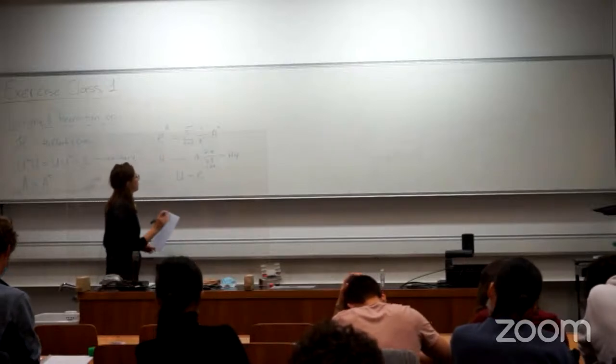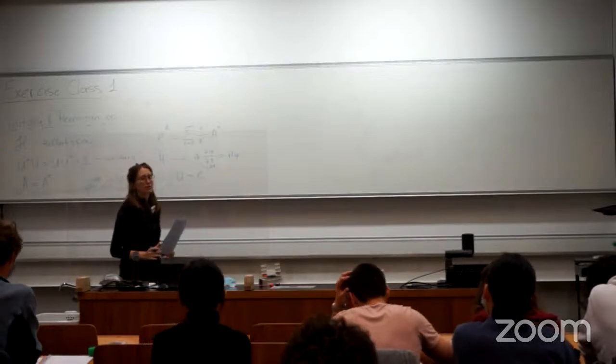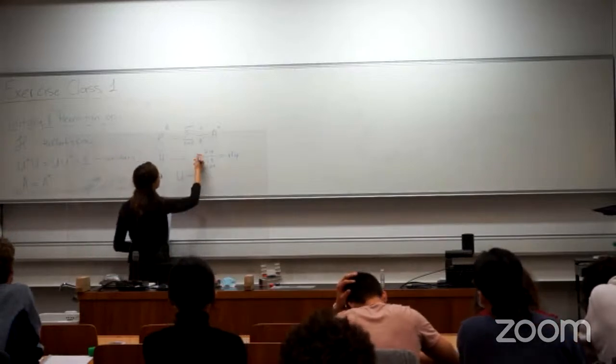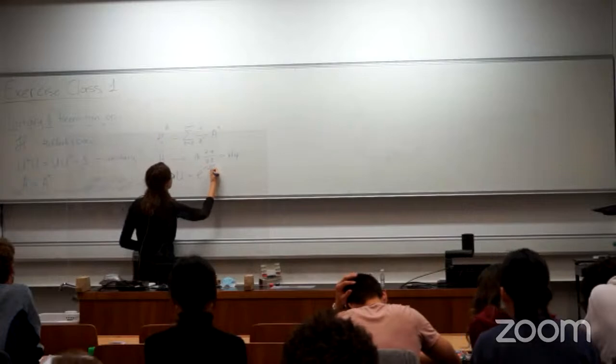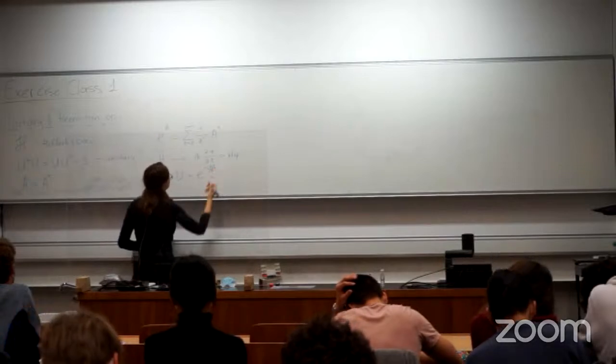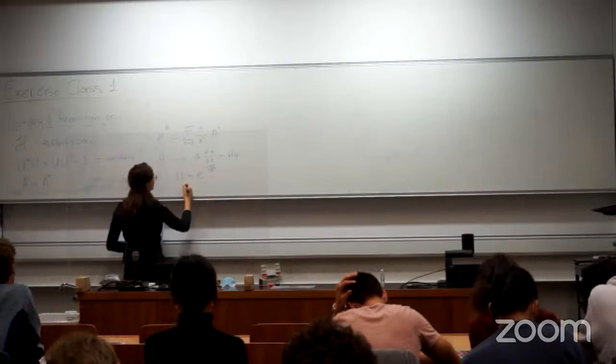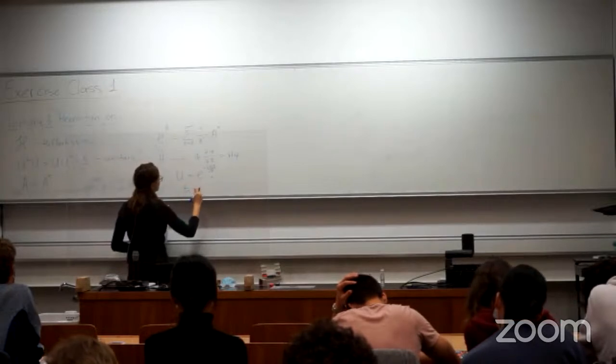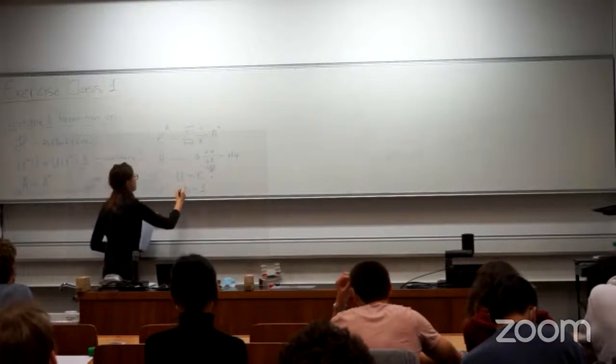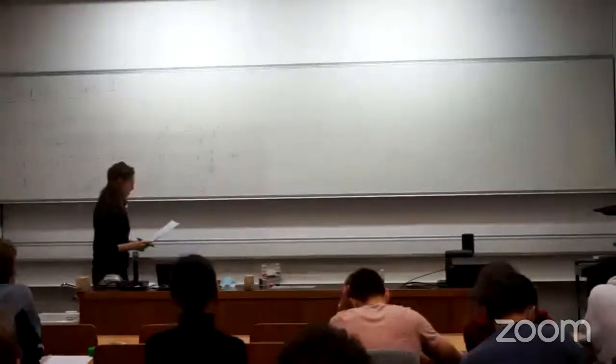So again, as Rolf said in the lecture, ideally one also needs to write here over h bar, but here we don't care about it, so we assume we work in units where h bar equals 1.